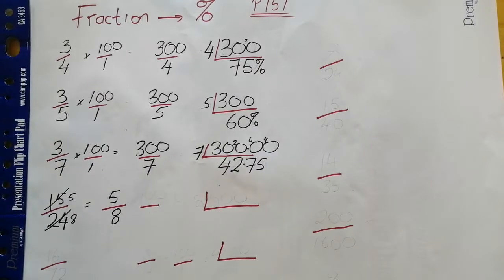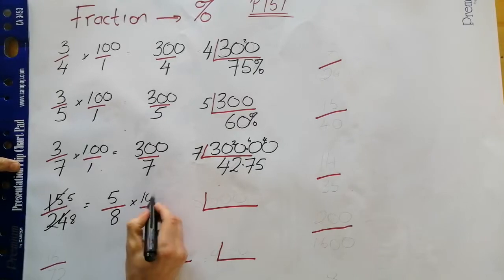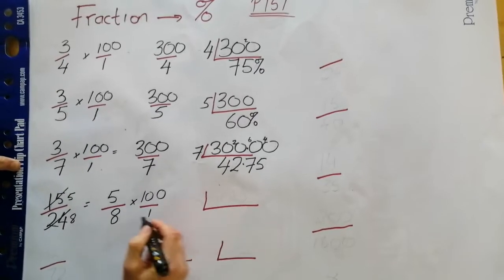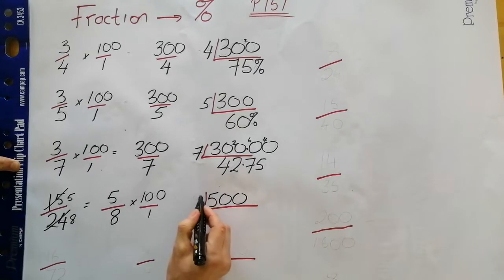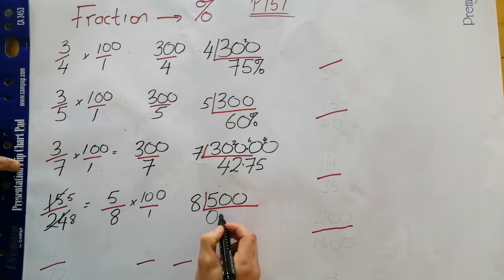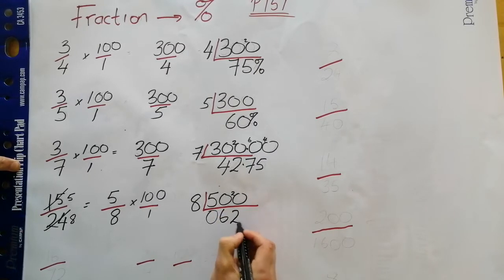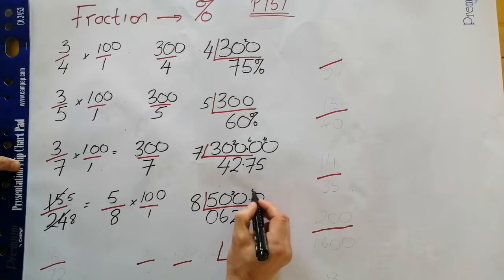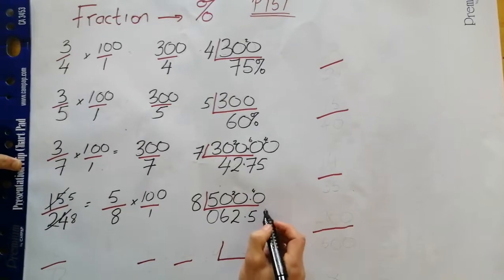Now most of you already know this answer in your head, but just in case, we multiply by 100 over 1, which gives us 62.5%.